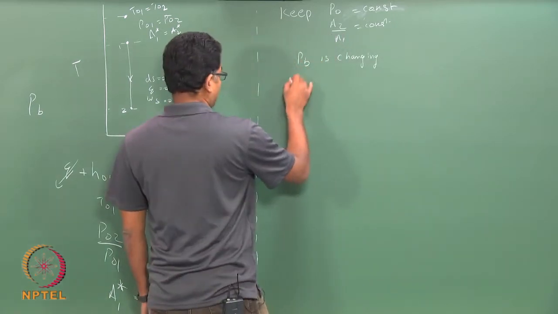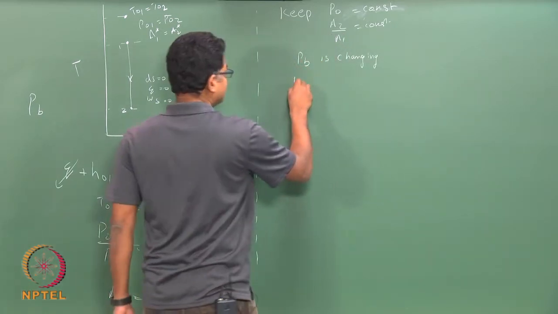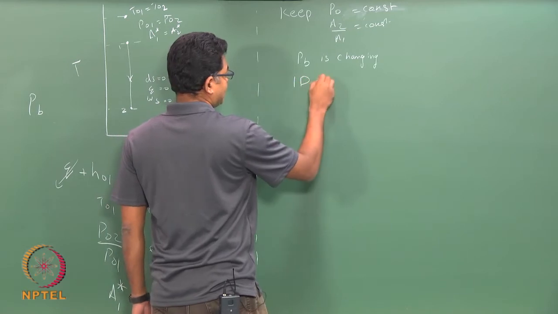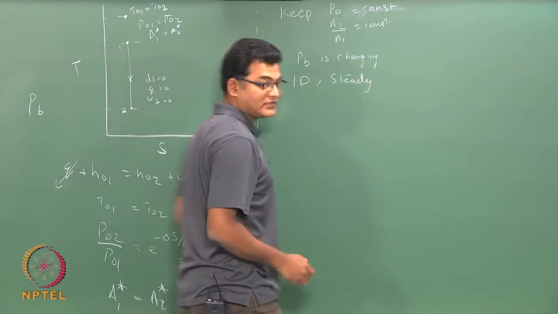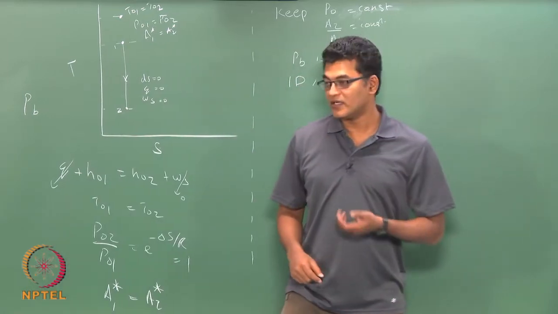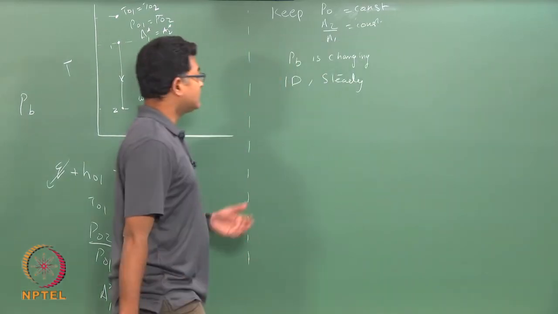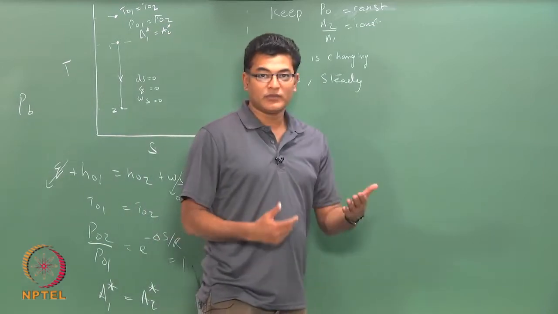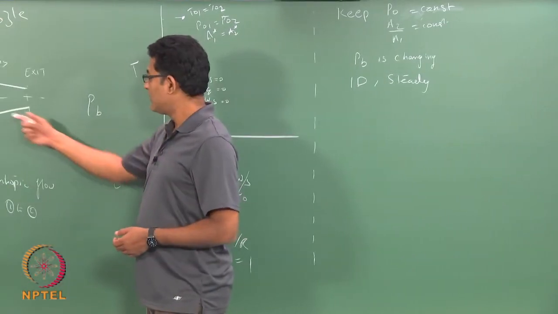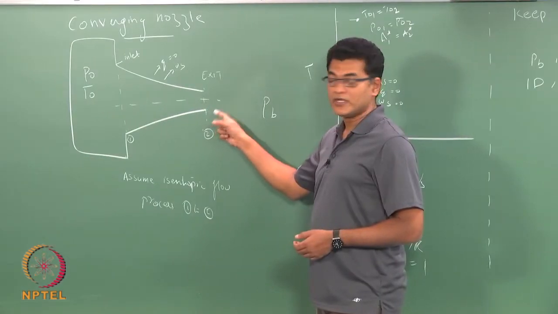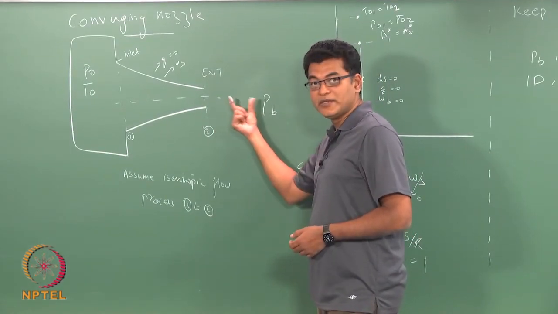Remember, what we are going to do is a quasi 1D and steady problem, which means that the change is not happening in time, but we are changing the Pb and then watching what happens. So, I change my Pb to some value and see what happens at this point. I am not changing Pb continuously.